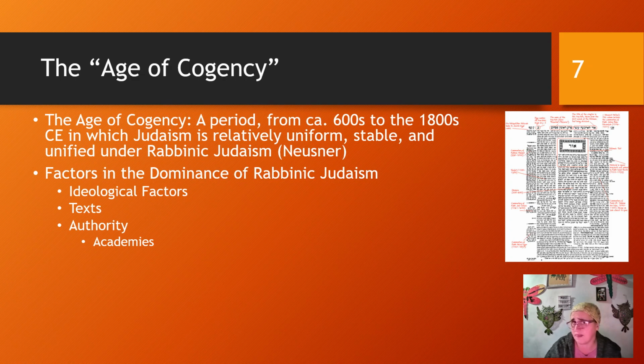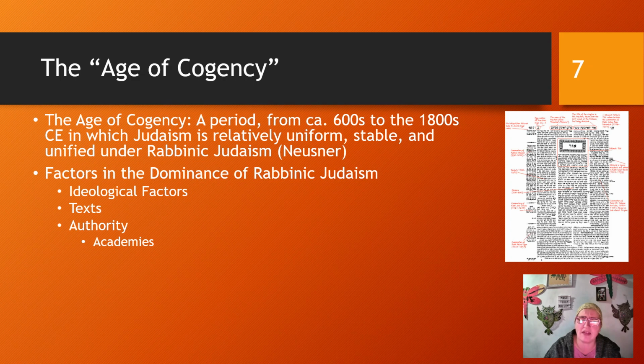With the emphasis on these texts comes an emphasis on Hebrew education, which, as we looked at in the Babylonian exile as well, is a major factor in the prevention of assimilation. If you have a great emphasis on an ancestral language in education, this can be a tool to prevent assimilation and loss of those children.